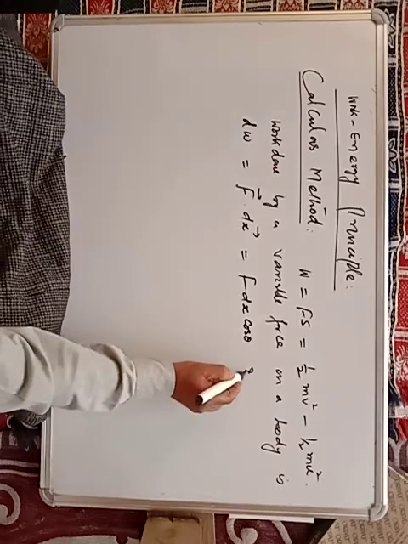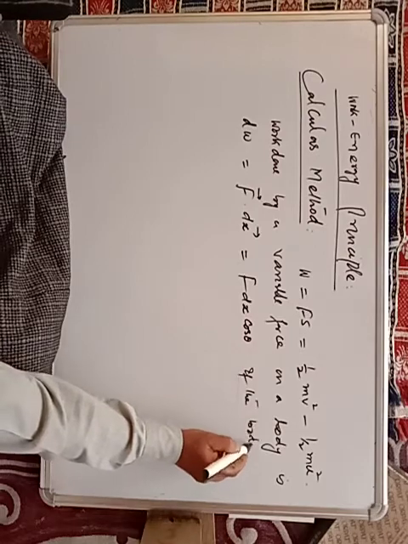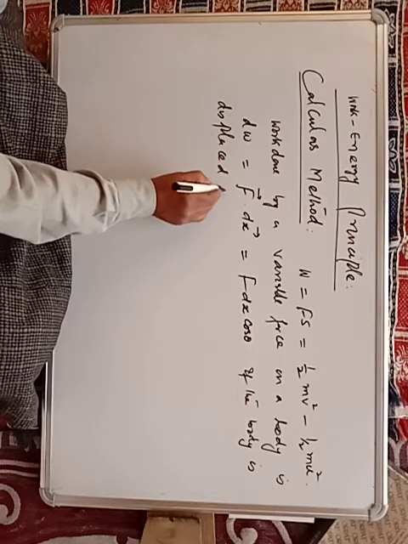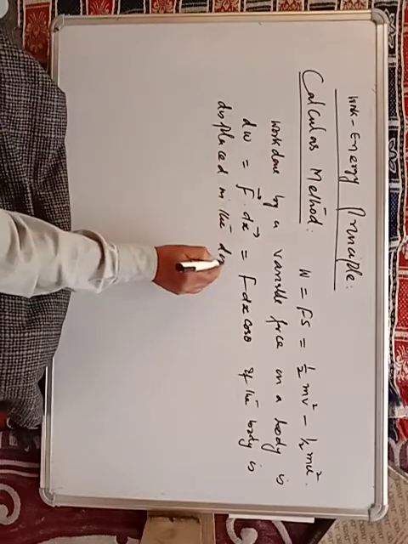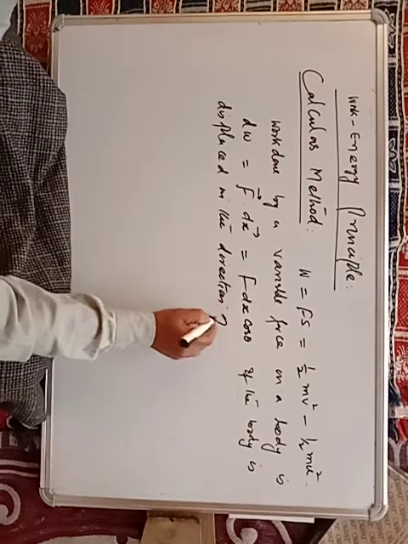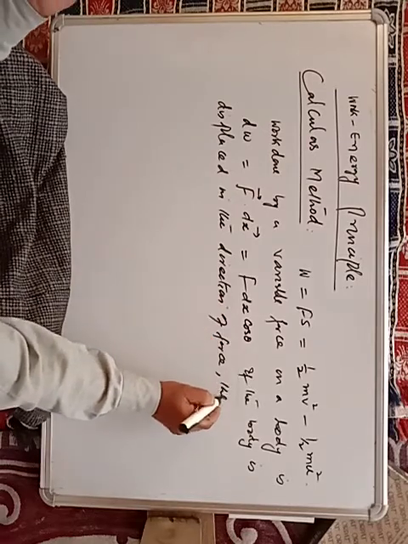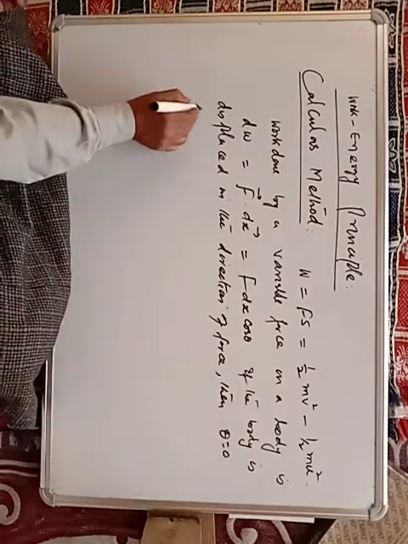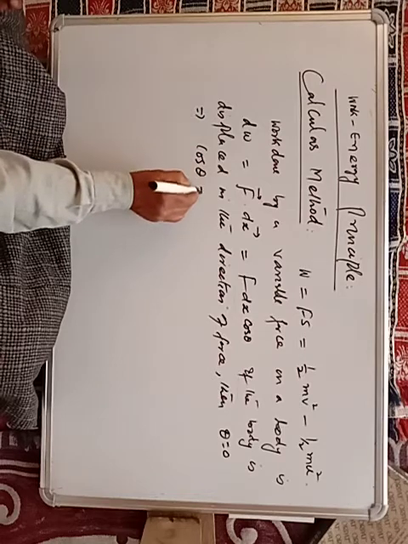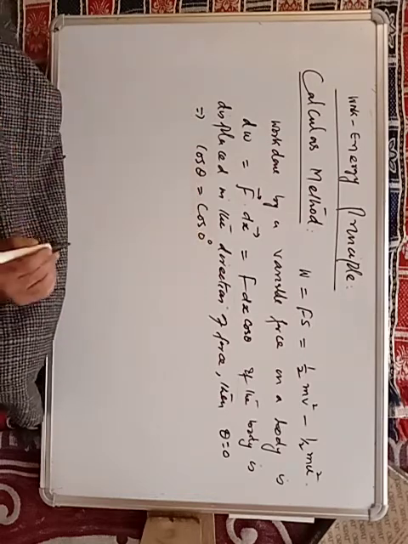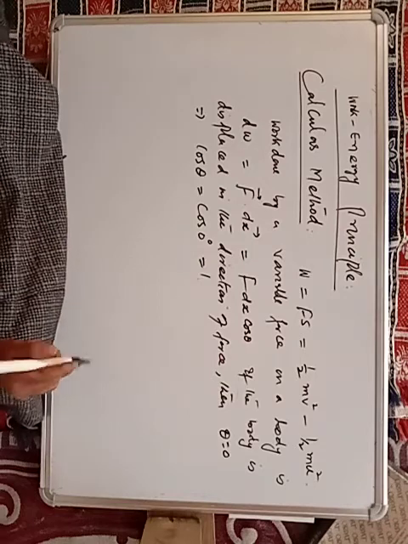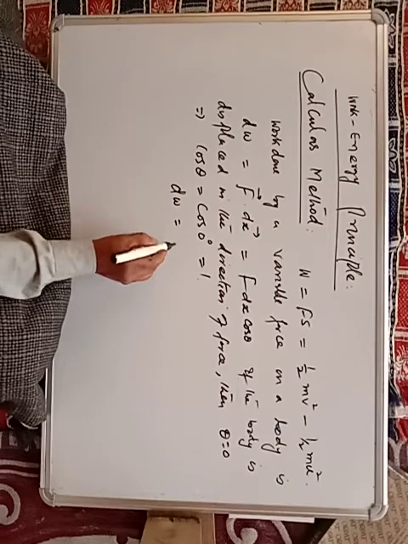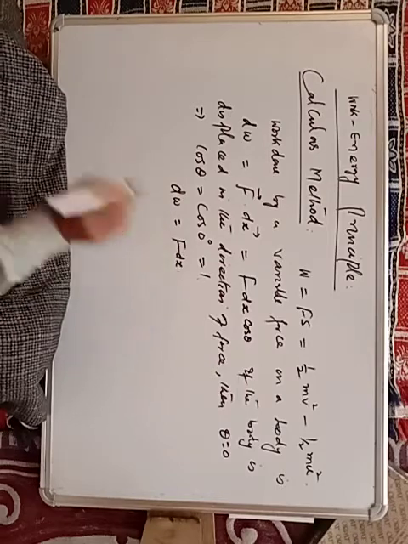Now, if the body is displaced in the direction of force, then what is angle theta? Theta is equal to 0 degree, which implies cos theta is equal to cos 0 degree, which is equal to 1. So our expression will become F dx.